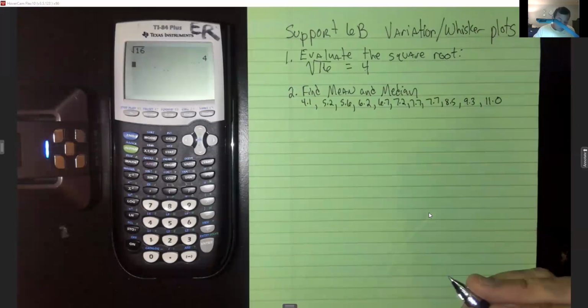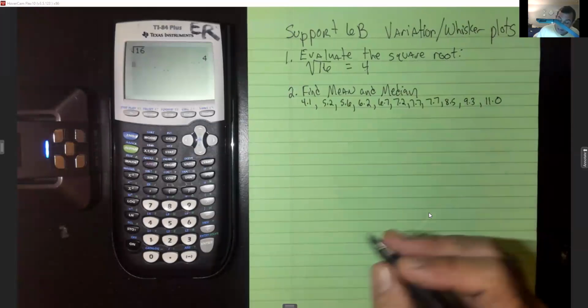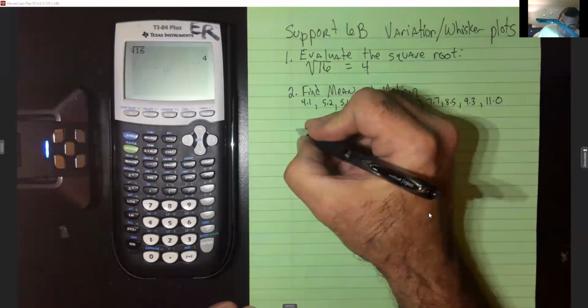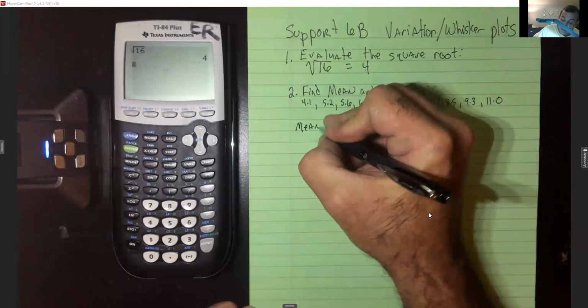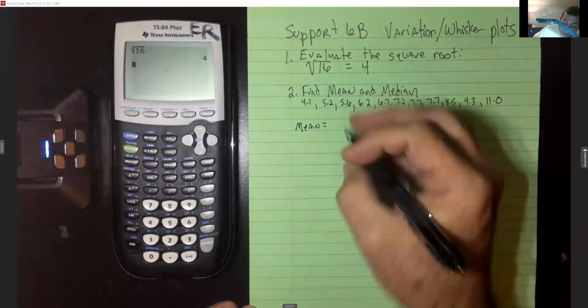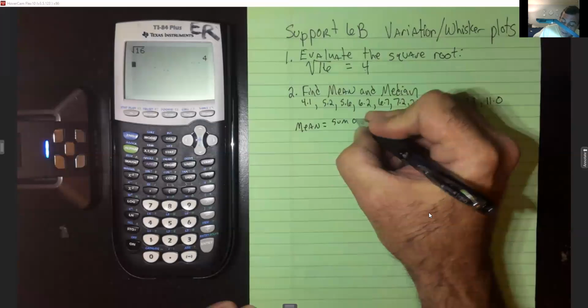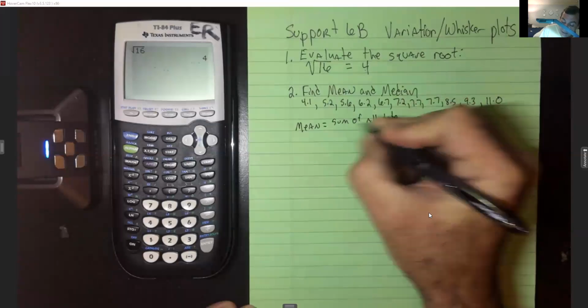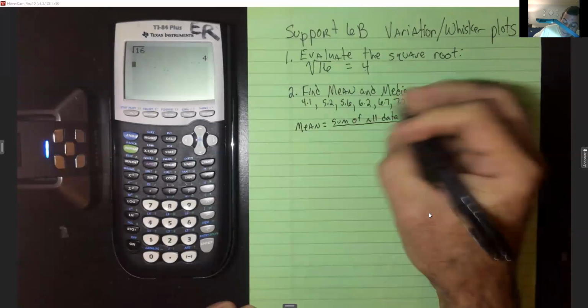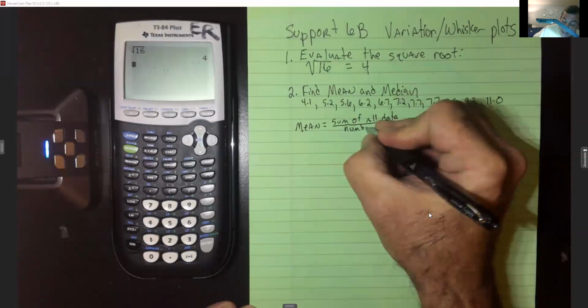So first, we're going to tell how to find our mean. And if you remember, I gave you a formula that said the mean equaled the sum of all data divided by the number of data, how many I had.